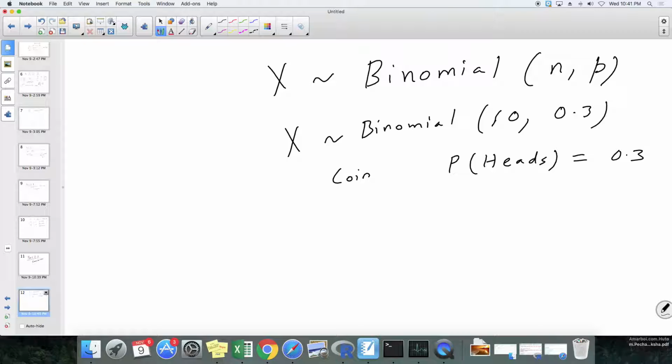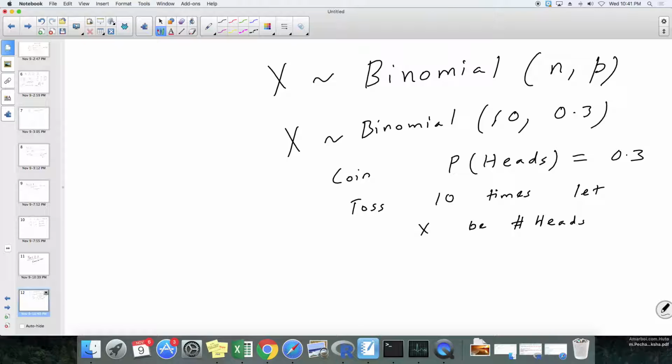And if you toss the coin 10 times, then let x be the number of heads. So this is some way of thinking about binomial.